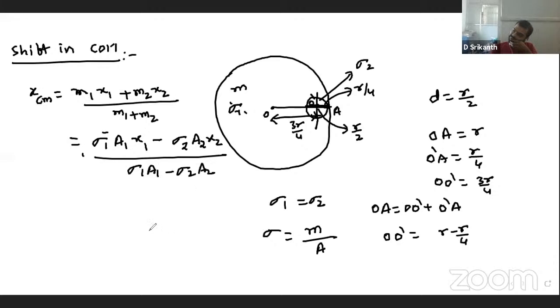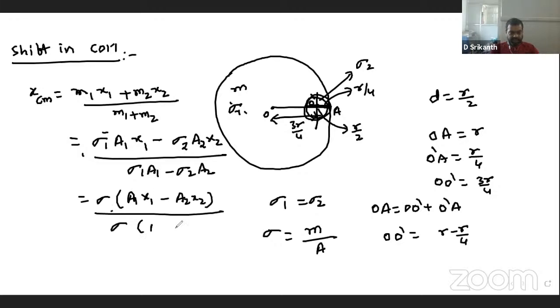Now, is it fine? Since in the same ring we have removed a ring of radius r by 2, it is sigma times a1 x1 minus a2 x2 divided by sigma times a1 minus a2. A1 I can write as pi r square, and x1 is 0 since it is at the center.